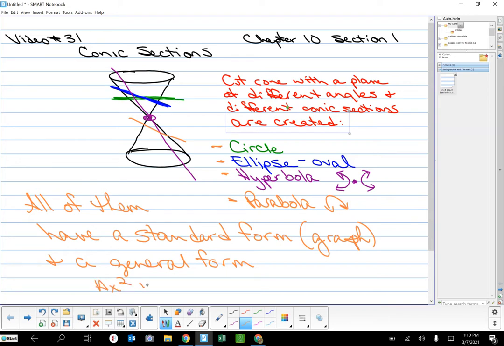It's ax squared plus by squared plus dx plus ey plus f equals 0. It's exactly the same for all of them, with the exception of the parabola. But there are rules on the ax squared and the by squared, and I'll talk about what those rules are for each one.